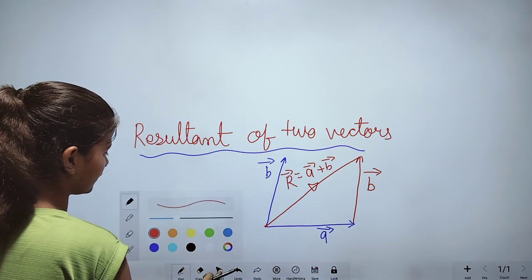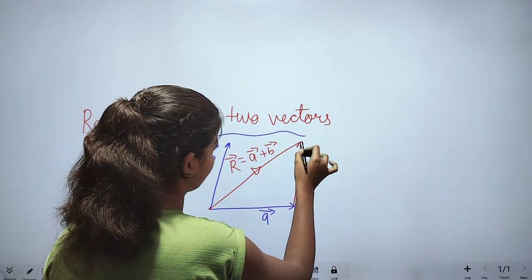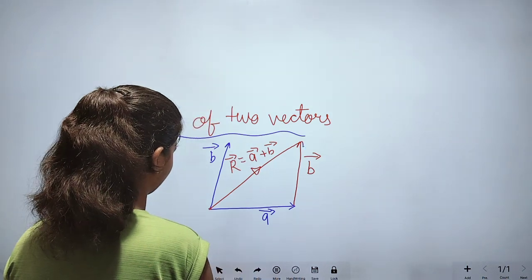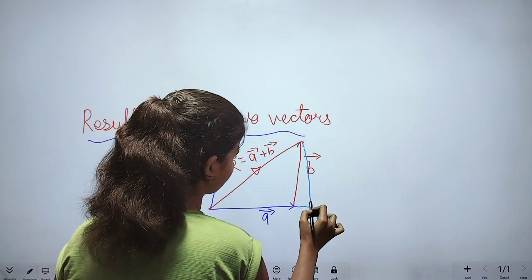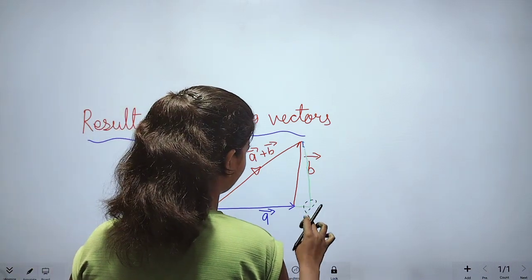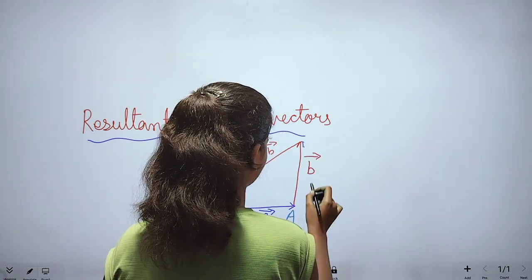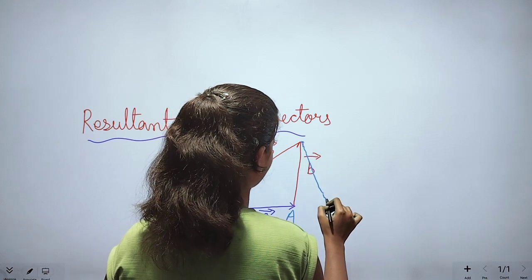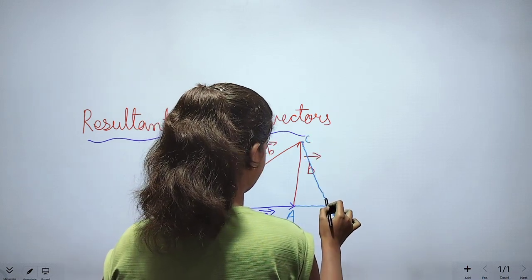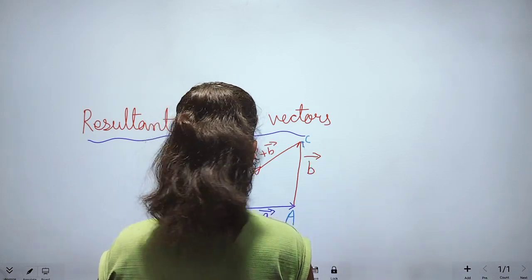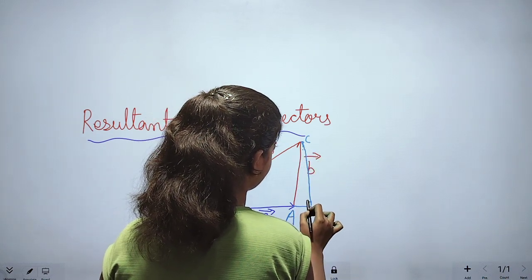Now we also draw a perpendicular. Suppose that this one is A, this one is B and this one is C. So this angle is 90.